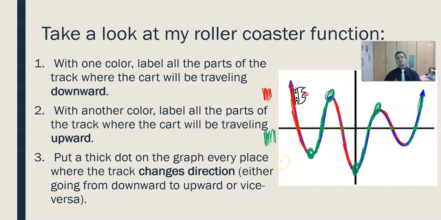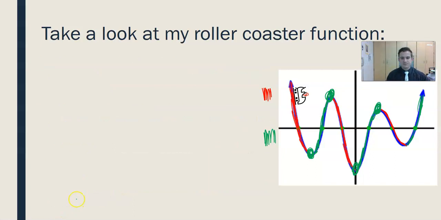So in all of those places, the cart goes from going downwards to going upwards, or from going upwards to going downwards. Okay? So you notice all of these, there's like a little dip in the track, and I put a dot. There's a little valley. You can call this a dip or a valley. Then up here, there's a little mountain or a little cap right here.